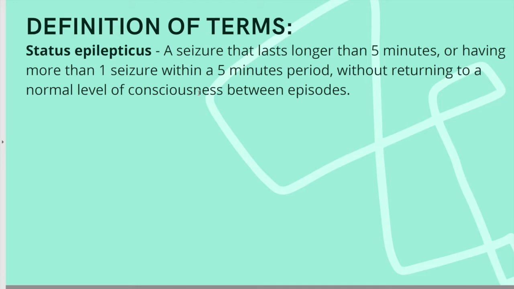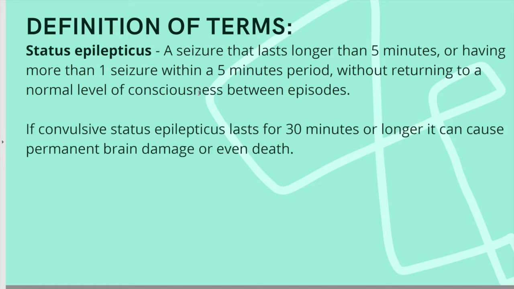So status epilepticus is very rare. Most people with epilepsy will never have it. This condition is more common in young children and elderly adults. So if convulsive status epilepticus lasts for 30 minutes or longer, it can cause permanent brain damage or even death.